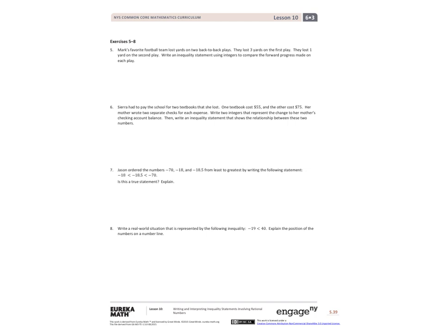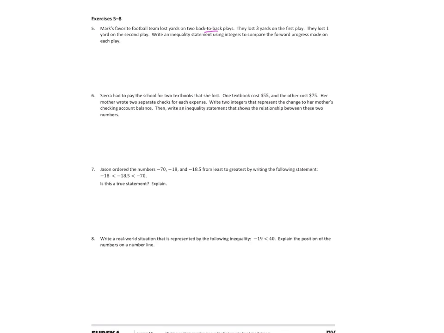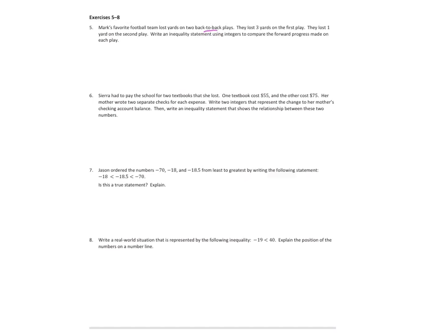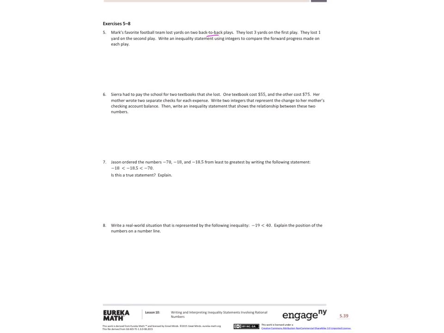It says, Mark's favorite football team lost yards in 2 back-to-back plays. I'm going to enlarge this a little bit. They lost 3 yards on the first play. They lost 1 yard in the second play, right, in inequality.